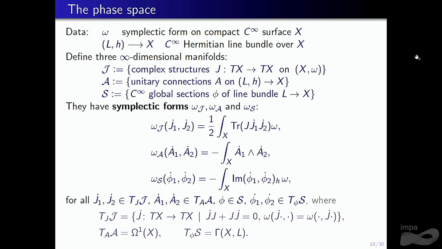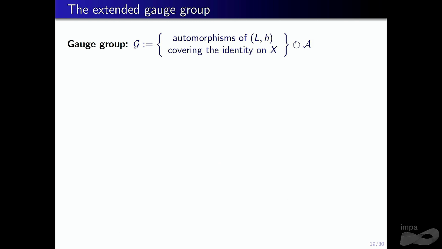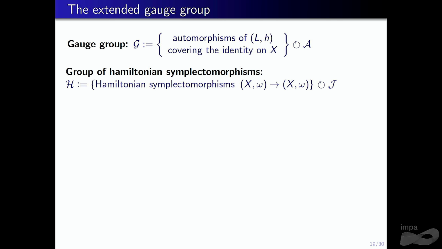Okay. Some formulas. In the Hermitian-Yang-Mills problem, the gauge group was given by automorphisms of the Hermitian line bundle that covered the identity. In the Yau-Tian-Donaldson problem, it was the group of Hamiltonian symplectomorphisms that acts on the space of complex structures by conjugation.